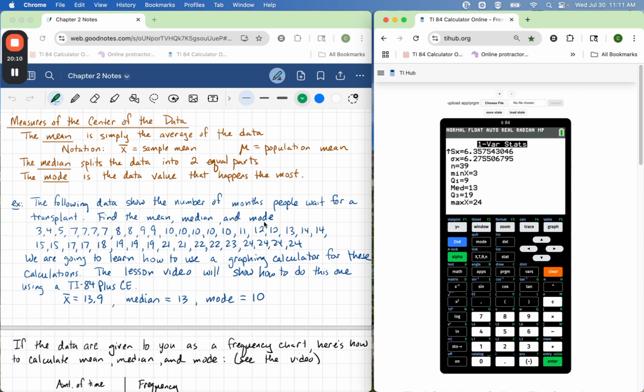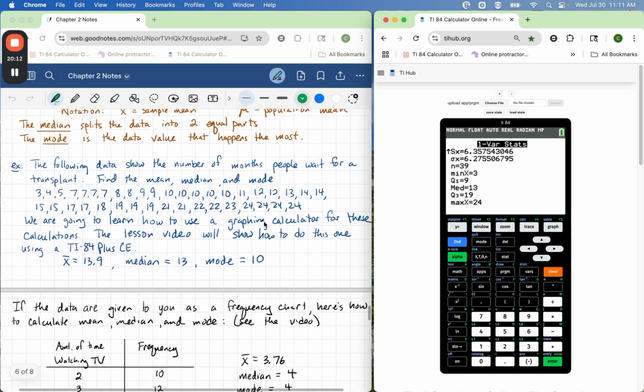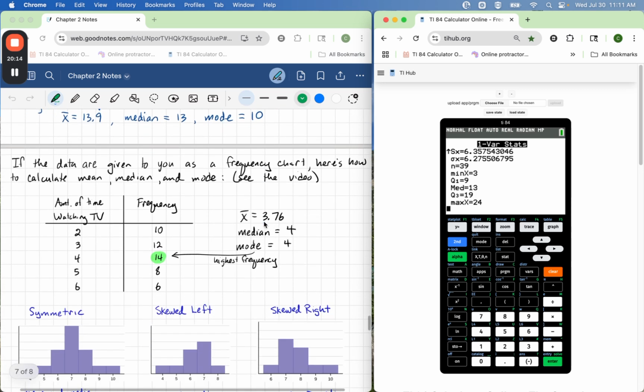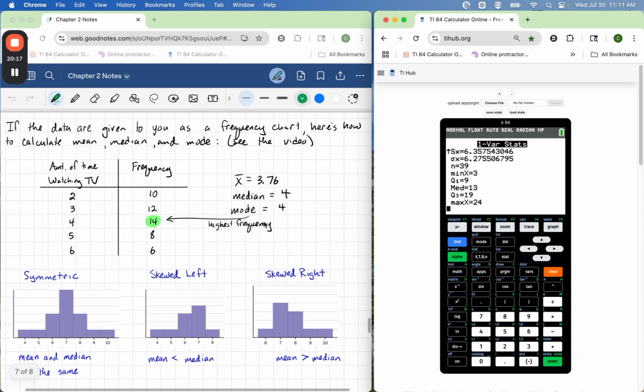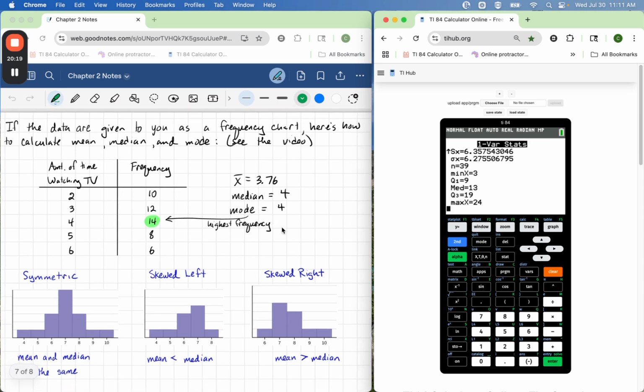Alrighty. All right, moving on. If the data are given to you as a frequency chart, here's how to calculate the mean, median, and mode. So we are going to do the same thing, and we're going to go stat, edit. Now this is good because L1 now has data in it that I don't want. So I need to clear that out.